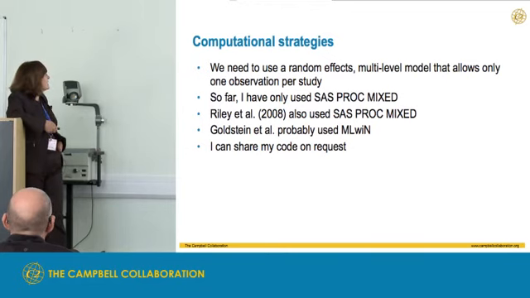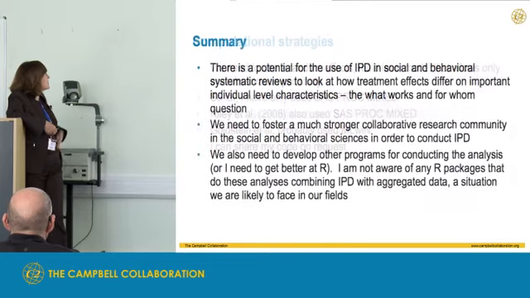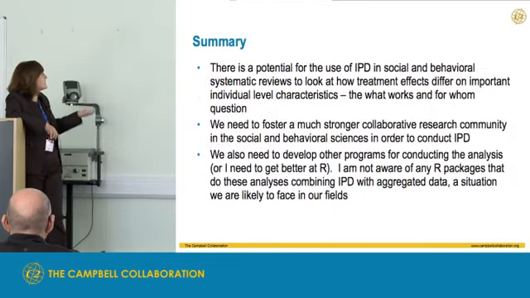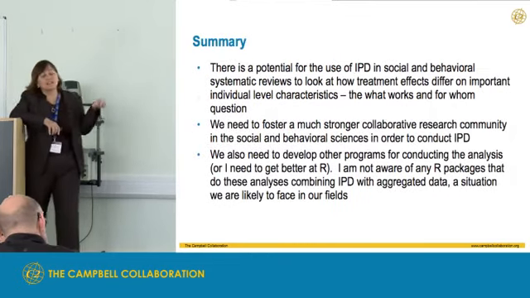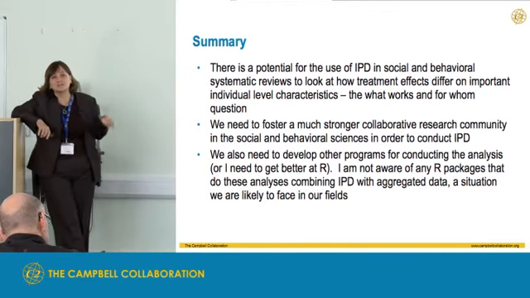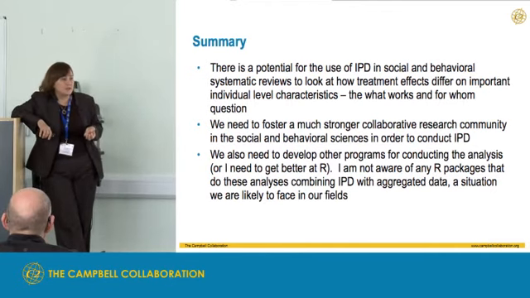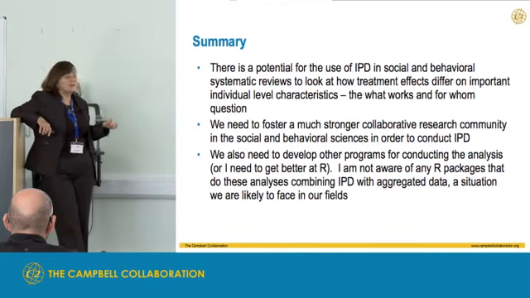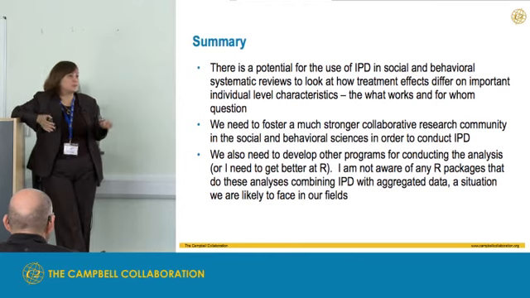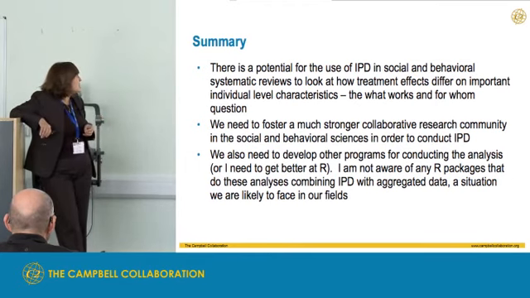So I think that, in summary, there's a potential for the use of this, especially to look at those questions that we really care about, which is what works and for whom. Again, there's still lots of open questions about the use of this in the social and behavioral sciences. I need to understand power better. How many studies do we need to make this work? What should they look like?